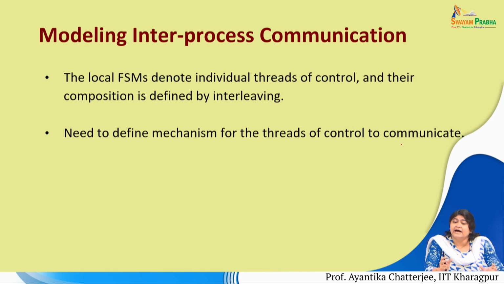When we are talking about the control flow of these separate processes, they get encoded as FSMs, and local FSMs denote individual threads of control, and their composition is defined by interleaving.